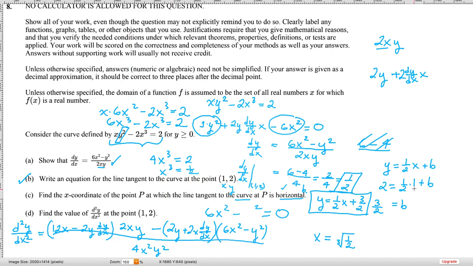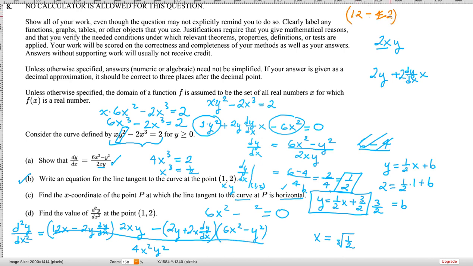So evaluating that, I'm going to get 12 minus 4 times, I already know what dy/dx is evaluated at the point. It's 1/2. So 4 times 1/2 is going to give me just minus 2 here.